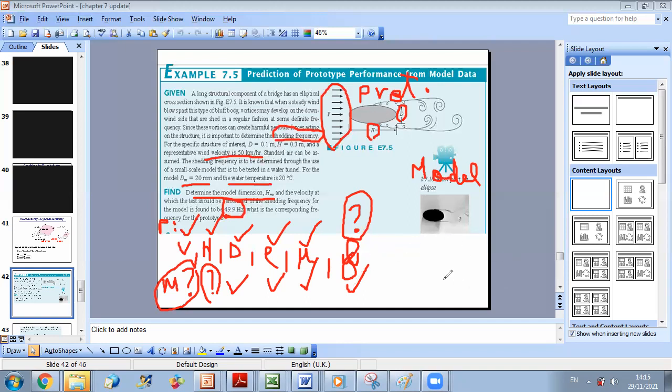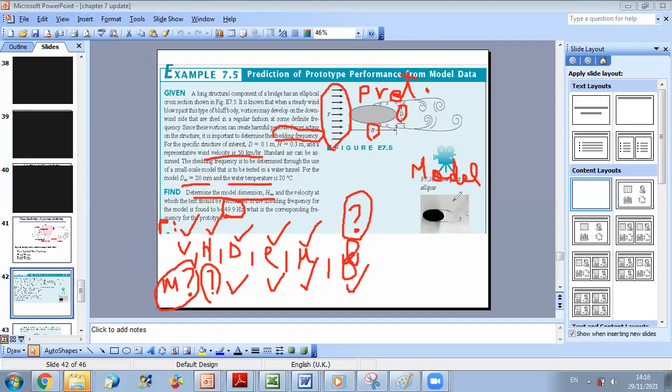So the first step will be to determine the dimensionless numbers involved, and then to set them equal, which will allow me to select the appropriate velocity that should be used in my experiment. And I can also determine the appropriate value of h.